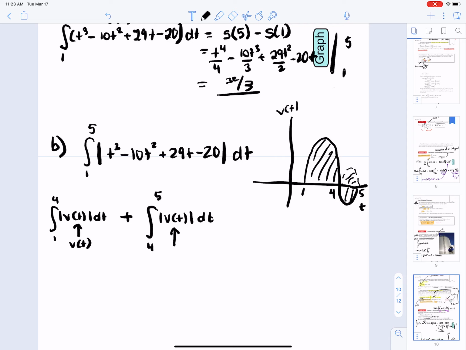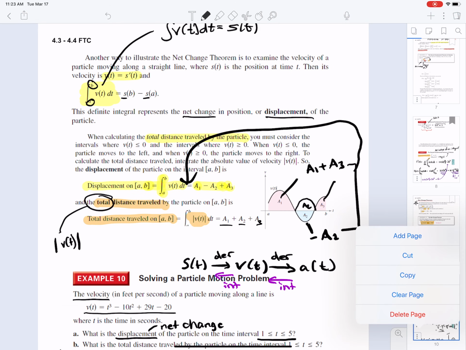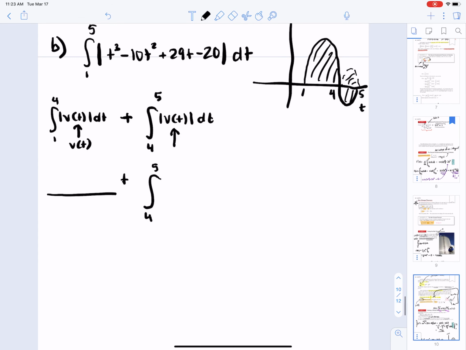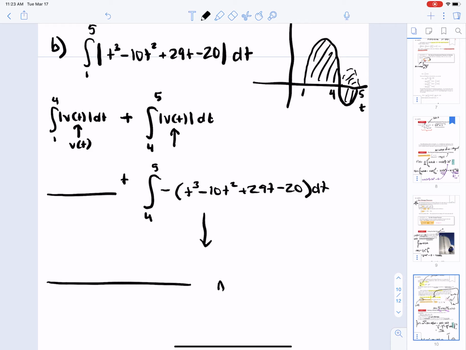So what I could do is this integral plus, going from 4 to 5, but instead of using velocity, I'm going to use the negative of velocity, so I get the function in reverse. So negative of t cubed minus 10t squared plus 29t minus 20 dt, and then I would work that one out as well and get one final answer, which I will have in the answer key for you.